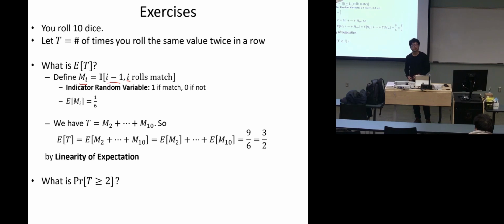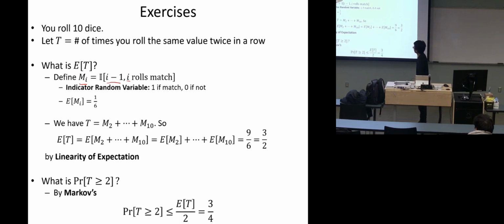Markov. Yeah, we can use Markov, right? By Markov bound, the probability that T is at least 2 is at most expectation of T over 2. So that's just 3/4. So this is less than 1.